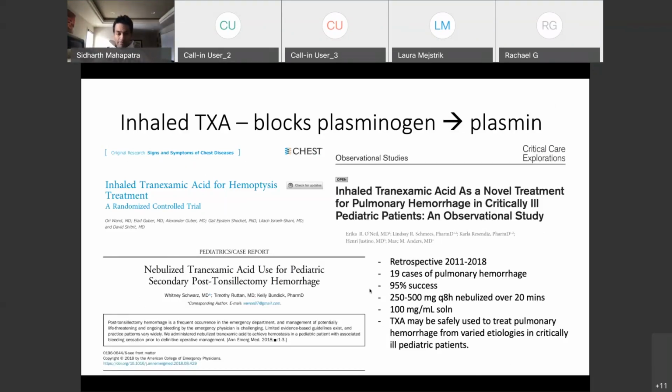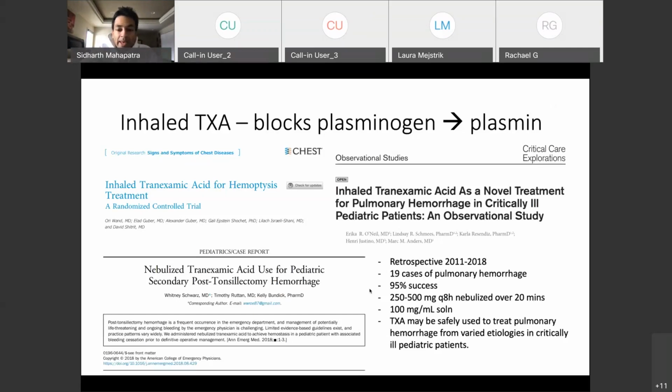There are several papers that I've put up here: inhaled TXA in hemoptysis treatment, a randomized control trial; nebulized TXA for pediatric hemorrhage post-tonsillectomy. And then another observational study that I thought was very informative, especially for what we were doing, a third paper from Critical Care Explorations, a retrospective study from 2011 to 2018 that studied 19 cases of pulmonary hemorrhage.